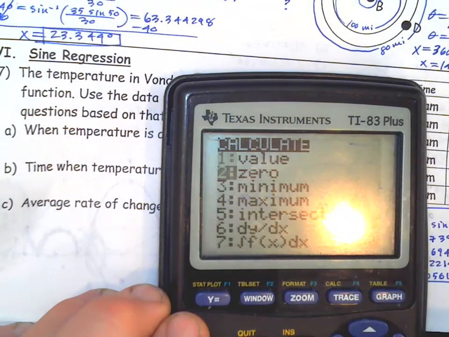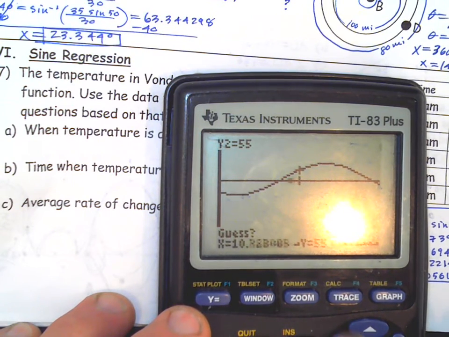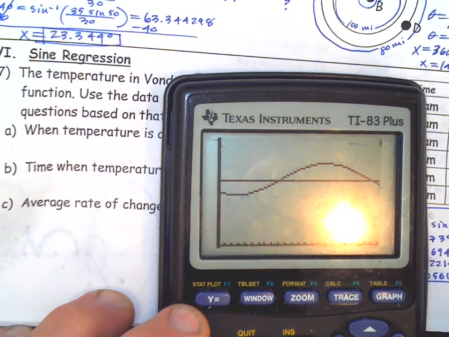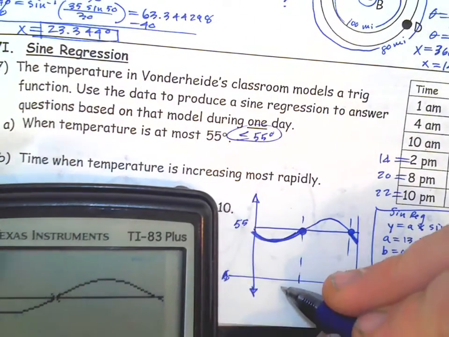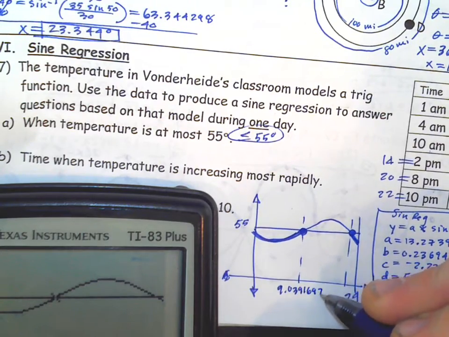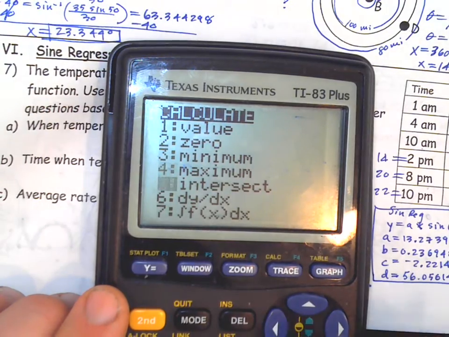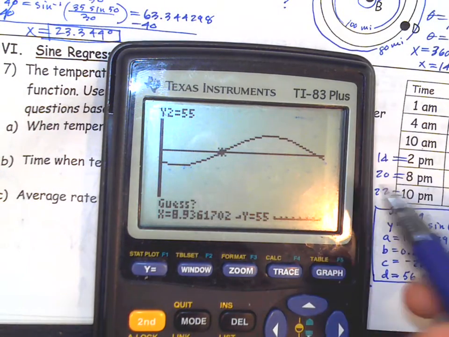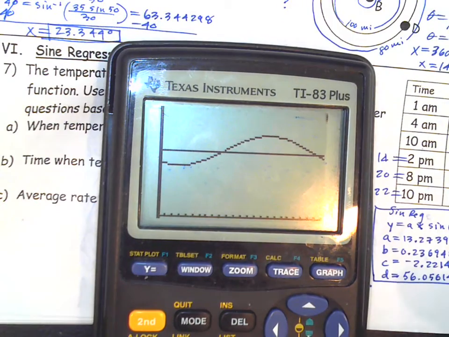Second, Calc, number 5, intersect, first curve, second curve, guess. Sometimes I use the little cursor to do it if it's close. Let's write that down: 9.039169. And another one: Second, Calc, number 5, intersect, first curve, second curve. Now, this is 24, right? So I'm going to say, looks like around 22.